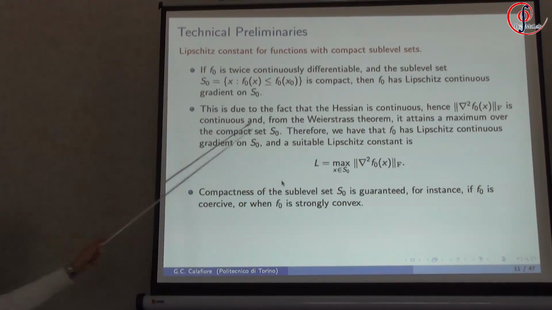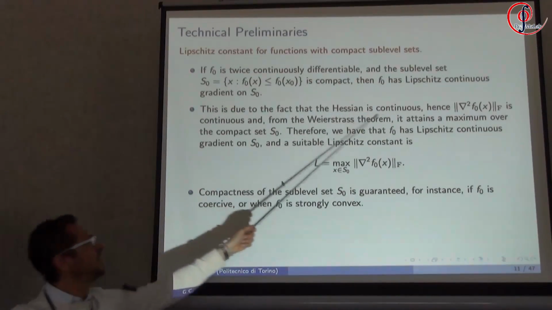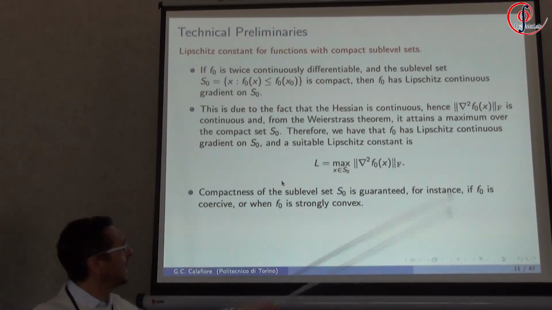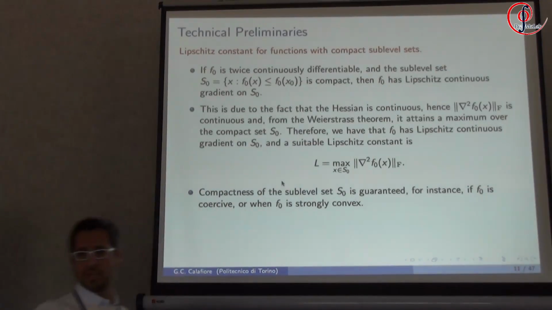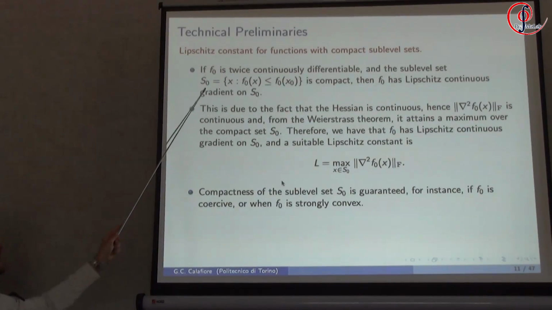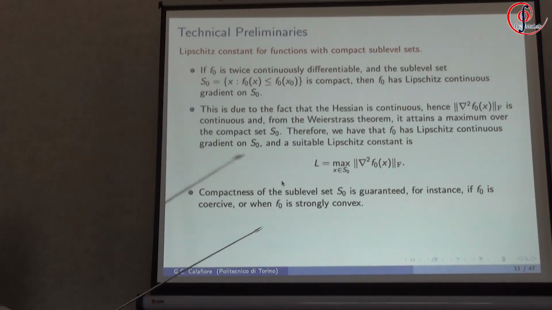So why? Because when the Hessian is continuous, then the norm of the Hessian is also continuous. And if this domain is compact, if S0 is compact, then a continuous function over a compact domain will attain its maximum by Weierstrass theorem.